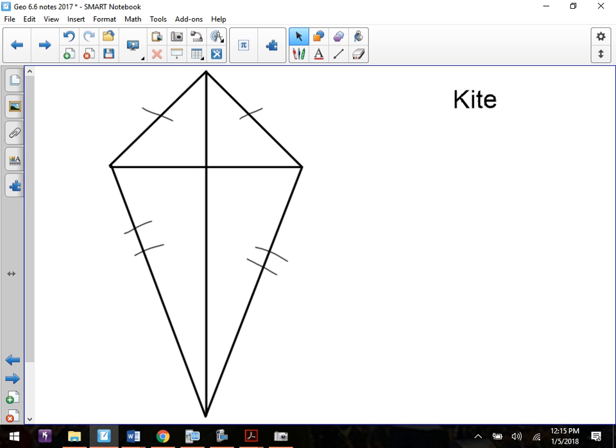Which means they have two sets of non-opposite sides congruent. And like I said, think of it in terms of two isosceles triangles. They have diagonals that are perpendicular.